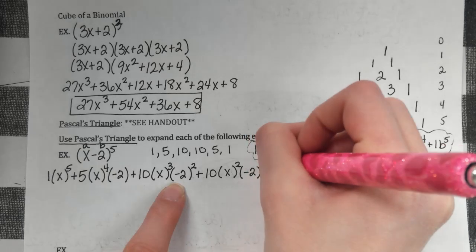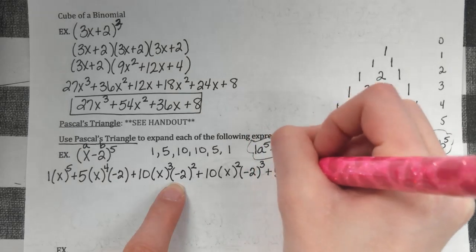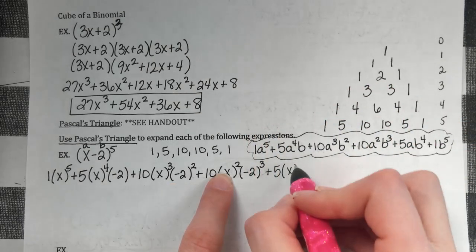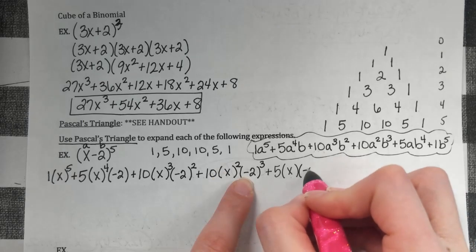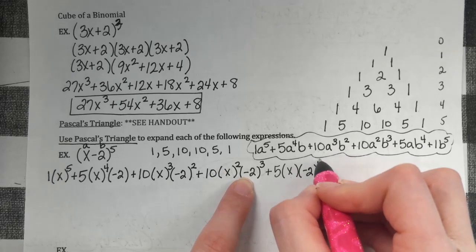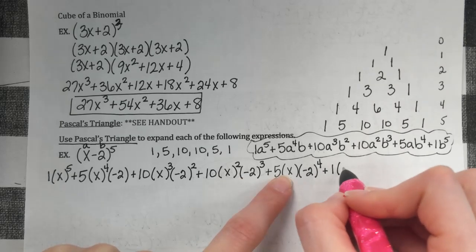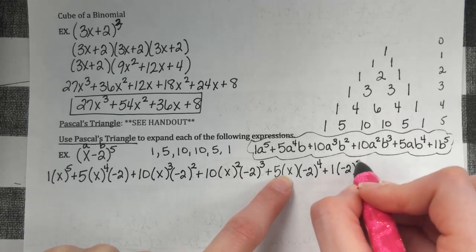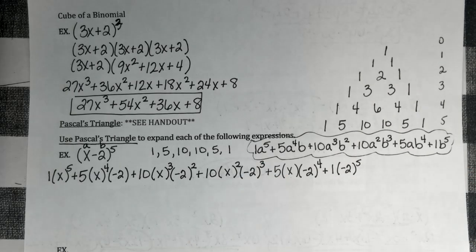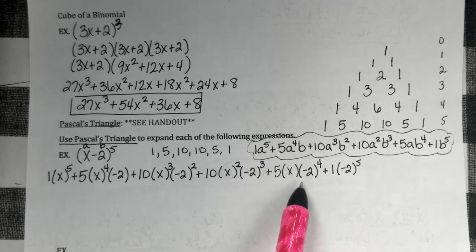Then plus 5, I take x, it's decreased to 1, and then negative 2 is increased to 4. And then plus 1, I no longer have an x, I just have negative 2 to the 5th power. So that's what I'm looking and checking.